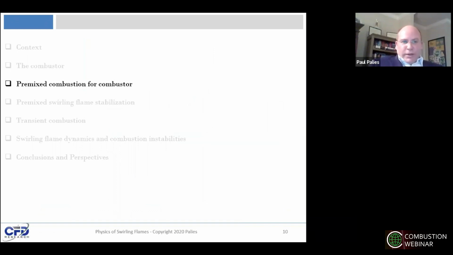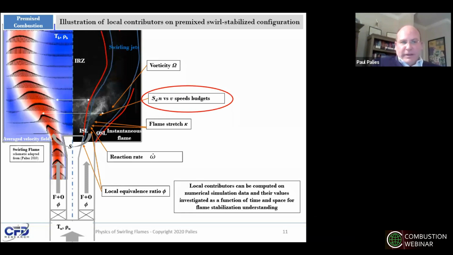Now we are going to look at more combustion and combustors, and I will particularly emphasize premixed combustion. And here on this slide, I'm illustrating what I call local contributors of stabilization. You can see on this slide, the left panel of the figure is an average velocity field, while the right panel is an instantaneous chemiluminescence image.